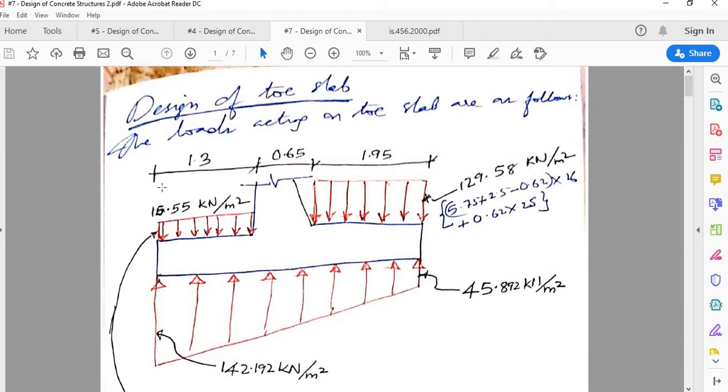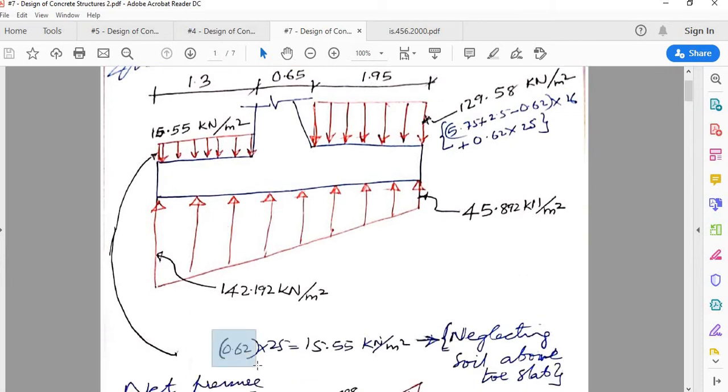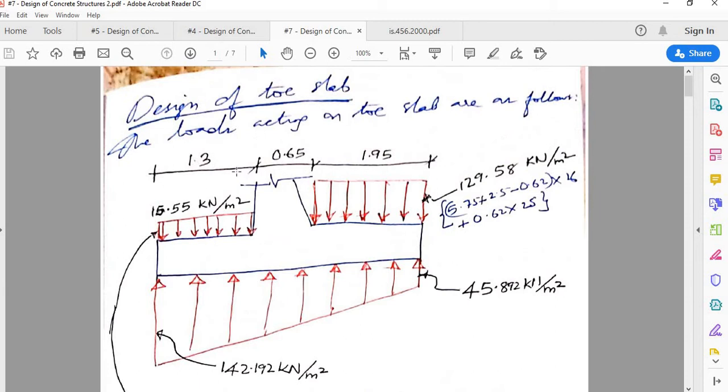Now counteracting that pressure, you will have some pressure due to the self weight of the toe slab. So that is what I have calculated here: 0.62 is the thickness of toe slab into 25 is the unit weight of RCC. You will have 15.555, which is the pressure that is counteracting that. Now when I discussed the theory, I told you the soil weight at the toe slab we will neglect conservatively.